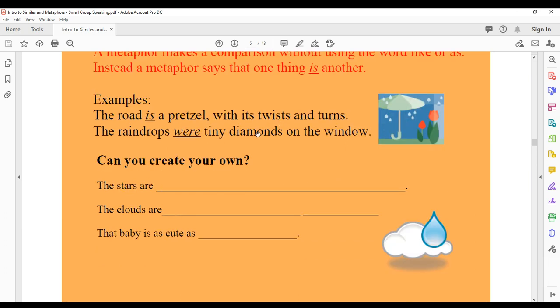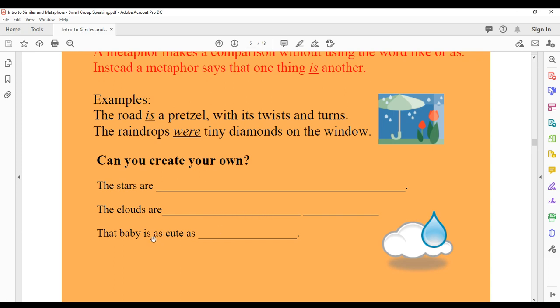And I can use diamonds for another metaphor. I can say, the stars are diamonds in the sky shining at night. Or I might say, the clouds are soft pillows that I want to lay my head on.